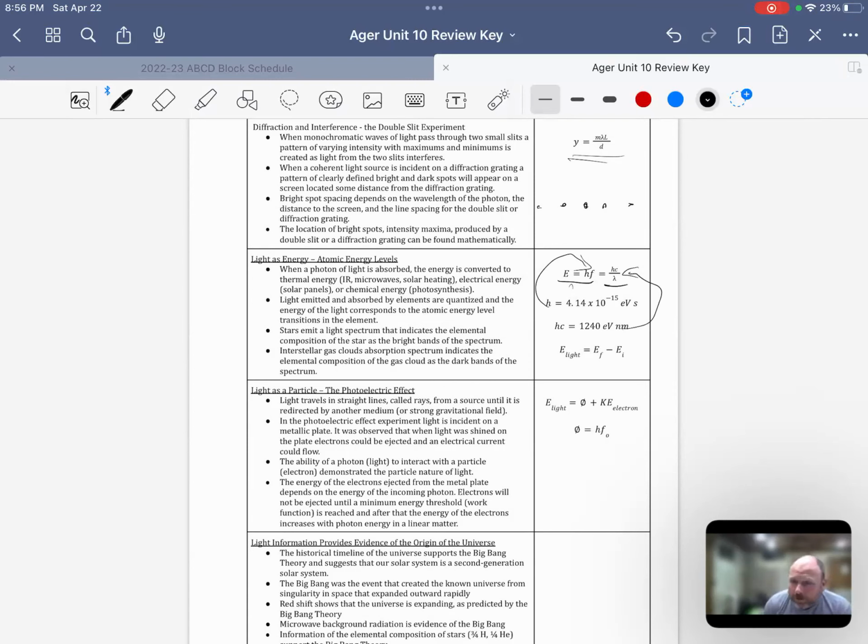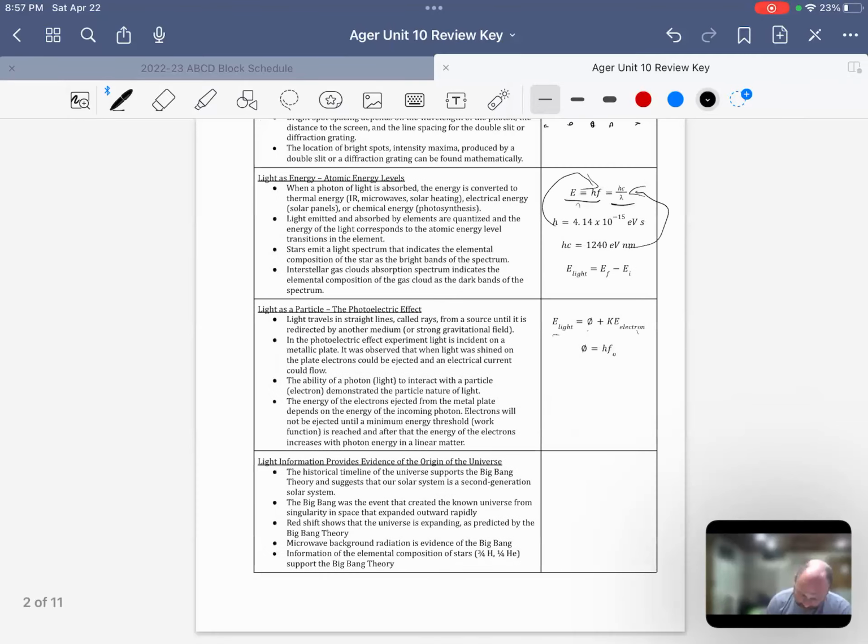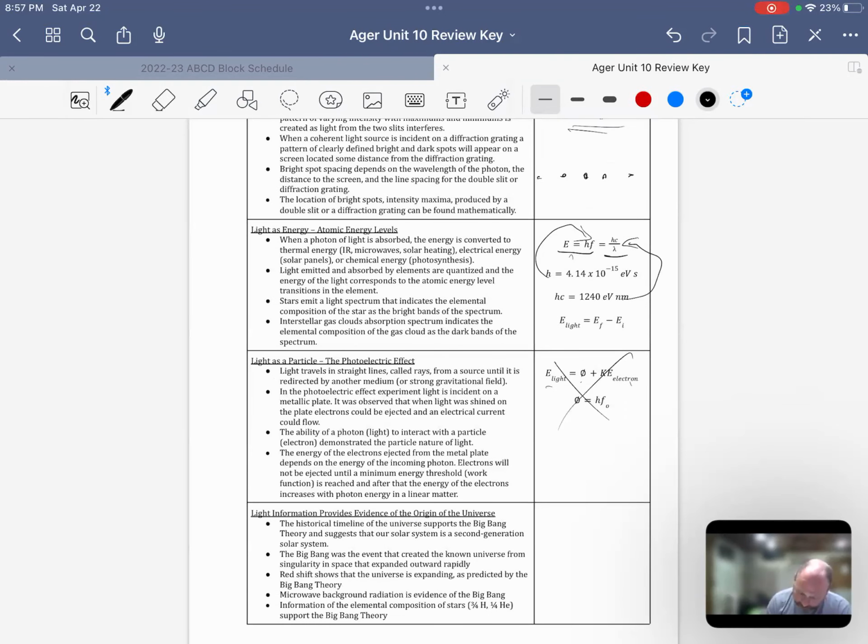The photoelectric effect is the next one, where the energy of the light is the work function plus kinetic energy. I believe the way it's written on your equation sheet says the kinetic energy of the electron is equal to the energy of light minus the work function. That's the simplest way, right?